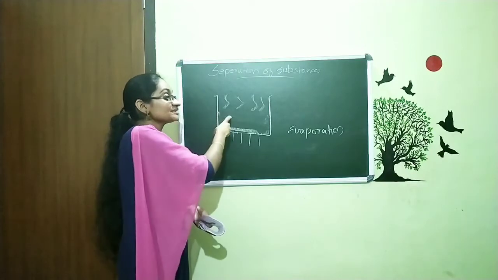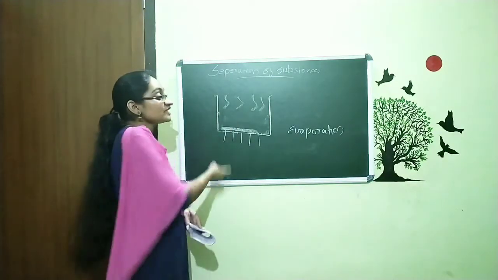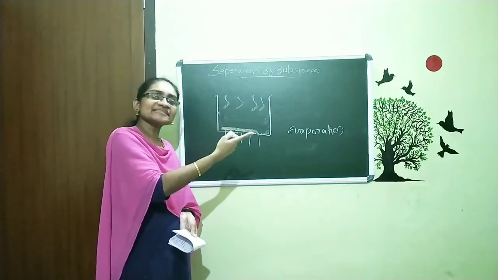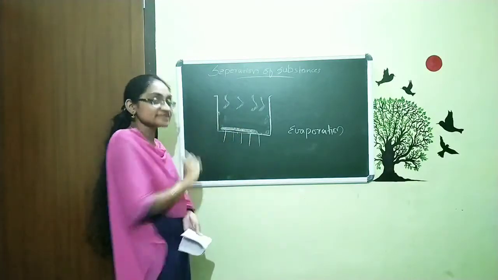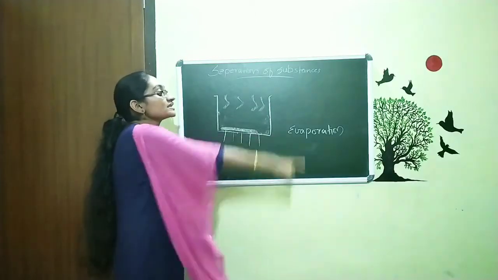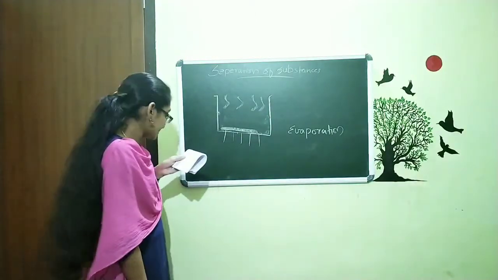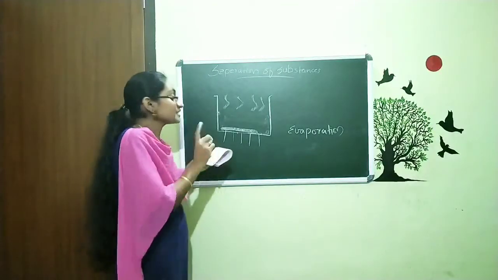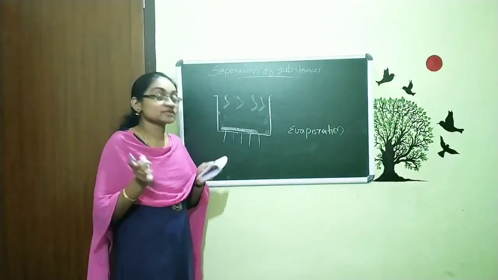At the first stage, this is water, and when we are heating this, what happens? The water is converting into gaseous state, or it is converting into steam. So we are calling it evaporation. We can say it is the process of conversion of water into its vapor is called evaporation.